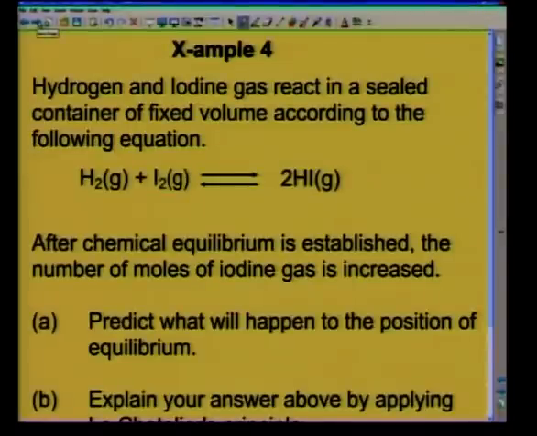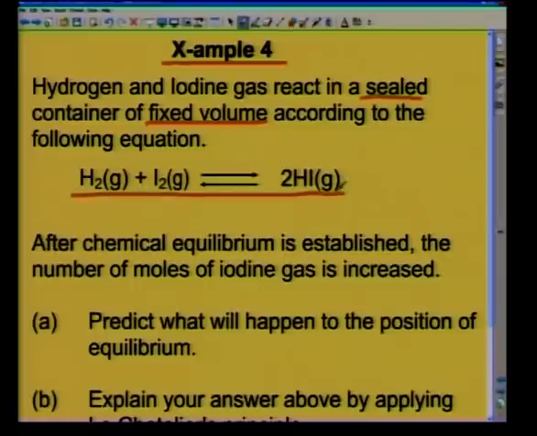Okay, now, let's look at example 4. Hydrogen and iodine gas react in a sealed container with a fixed volume according to this chemical reaction here, which is reversible.